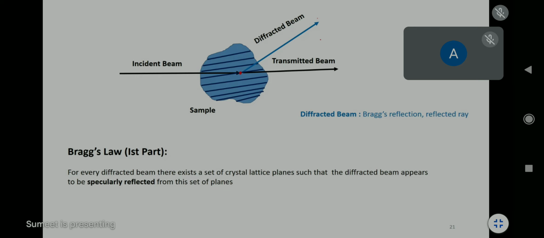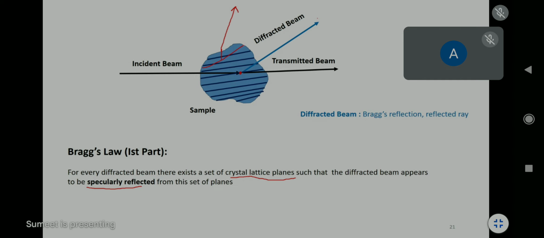Bragg's law can be understood in two parts. He stated that for every diffracted beam, there will exist a set of crystal lattice planes such that the diffracted beam appears to be specularly reflected. Meaning if I consider any diffracted beam, suppose this diffracted beam, then for this diffracted beam also there will be a particular set of planes.